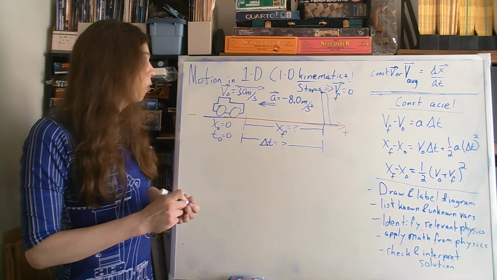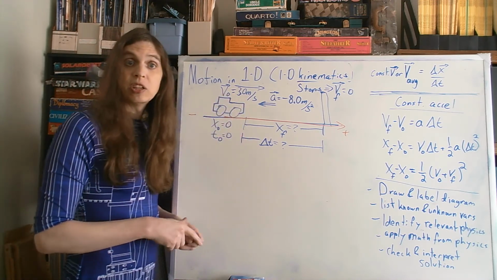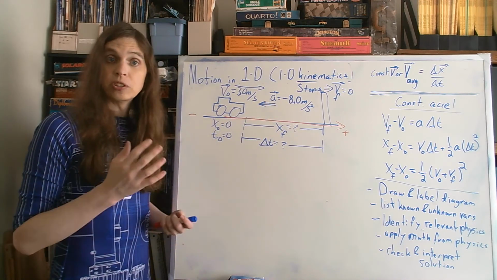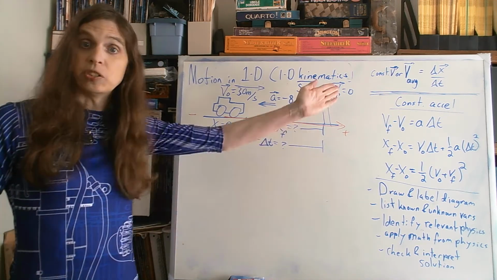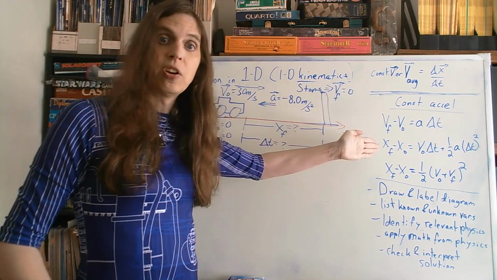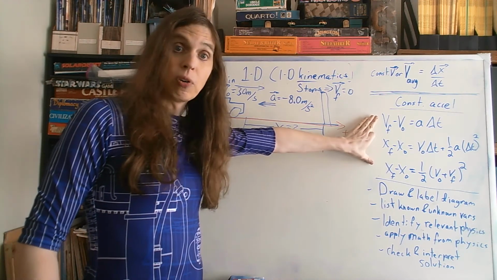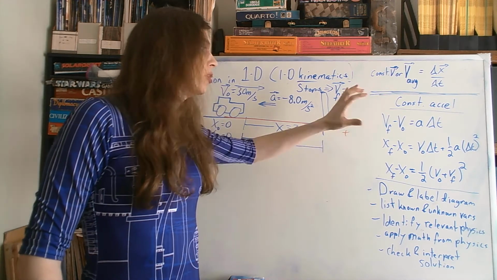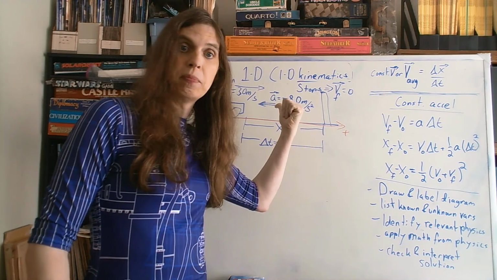And we know we're looking for position and time, and we have information about velocity and acceleration. And it's a constant acceleration for the entire duration of the problem. And so we have a set of equations. This is our physics here, is the meaning for all these variables that go along with these equations. And so this is like our toolkit that we get to use to apply to solve this problem.